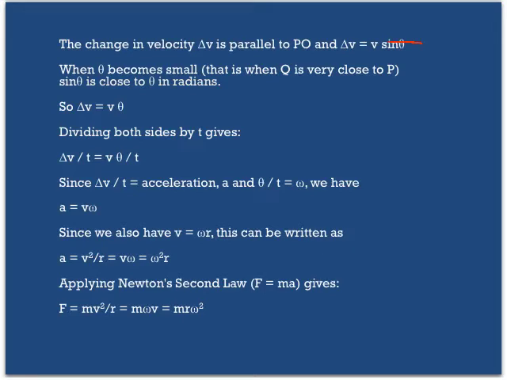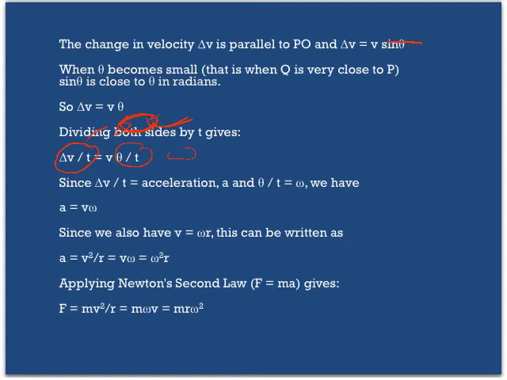Dividing both sides by t, that means that part there will be a change in velocity over time, which is an acceleration. And then on the other side, you're also going to have theta over t, which is omega. So A equals V omega in this case.